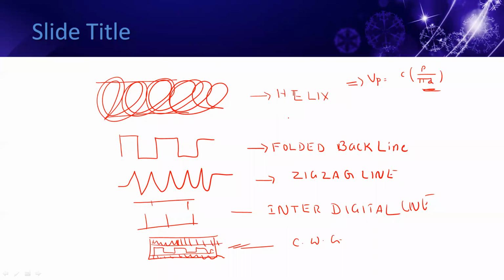Next, we want to know the significance of the axial electric field in this type of slow wave structure. What is the significance or importance of this axial electric field in a traveling wave tube?